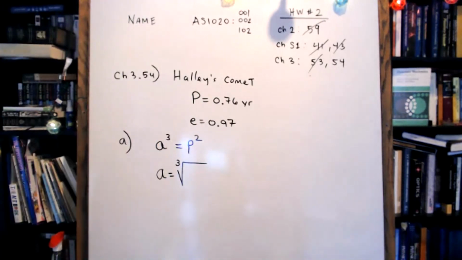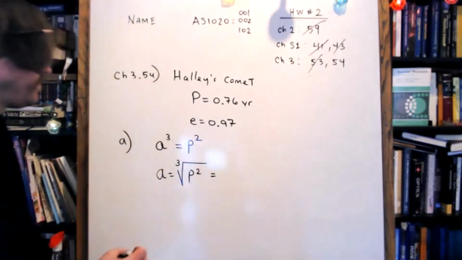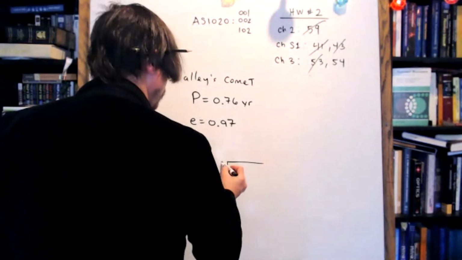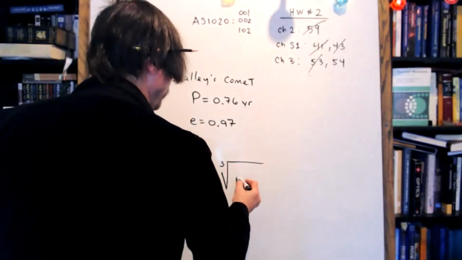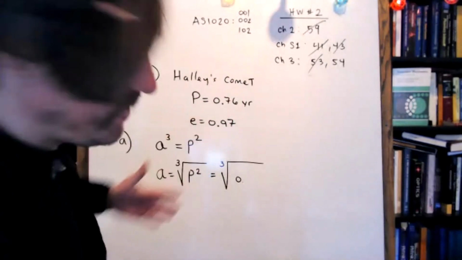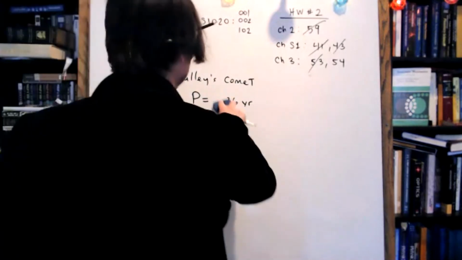A is equal to the cube root of P squared. Now, the period is not 0.76 years, it's 76 years, right?